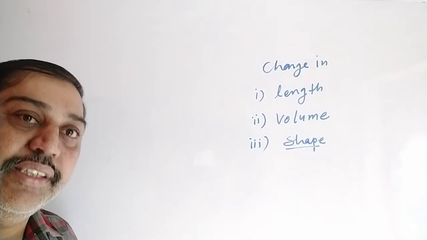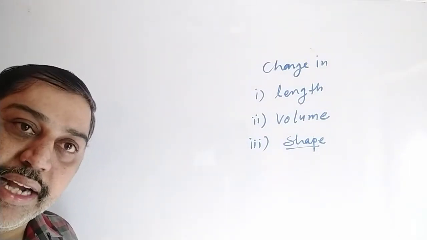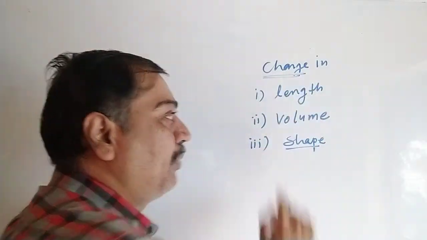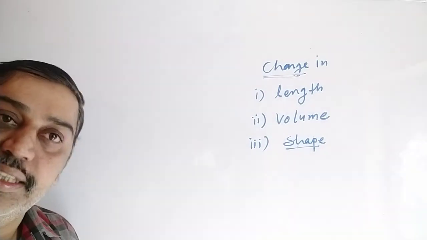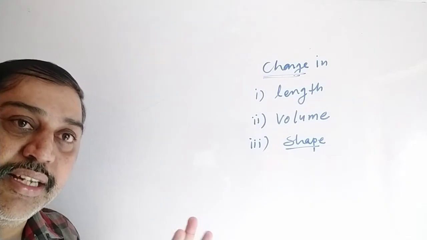Length may change, or volume may change, or shape may change. So there are three types of changes in solids or materials: change in length, change in volume, change in shape. And accordingly there are three types of stress and three types of strains.